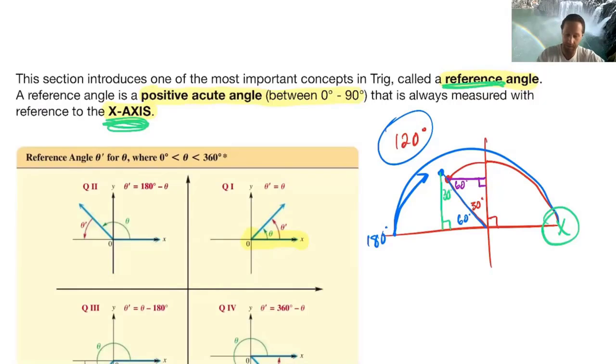So when I'm looking at this 120 degree angle, I'm actually going to use this fact. And again, whether I went 90 plus 30 to get that with the red, either way, I can then find the remaining part of that angle. And that is going to be what is called the reference angle.